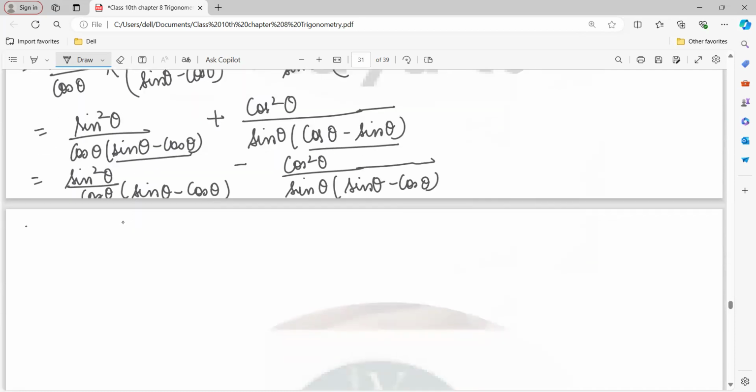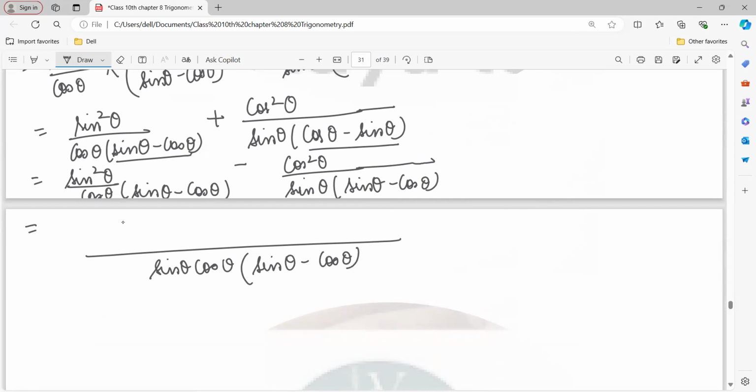Now let's take the LCM. We'll get sin theta into cos theta into sin theta minus cos theta as the LCM, right? Taking the first term multiplied by LCM, we'll get sin square theta into sin theta, that is sin cube theta. On the right side, we'll get cos square theta into cos theta, that is cos cube theta, right?